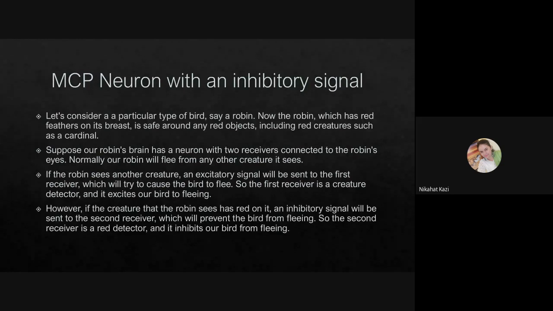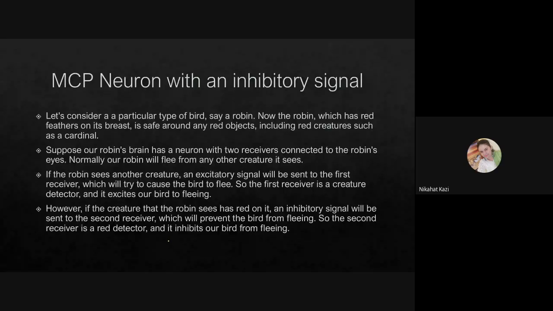However, if the creature that the robin sees has red color on it, an inhibitory signal will be sent to the second receiver. This inhibitory signal is going to prevent the bird from fleeing. So the second receiver that we have is a red detector. And what kind of input is it? It is an inhibitory input. So it is inhibiting our bird from fleeing.